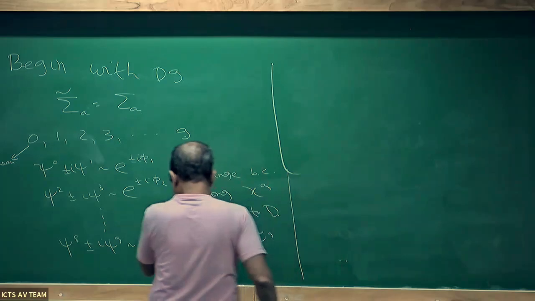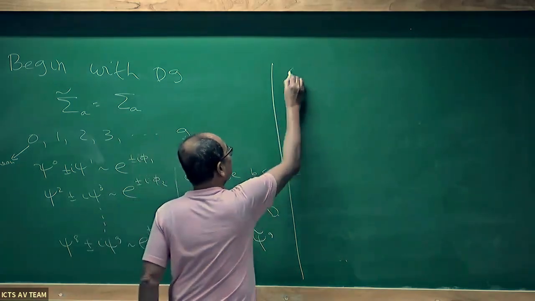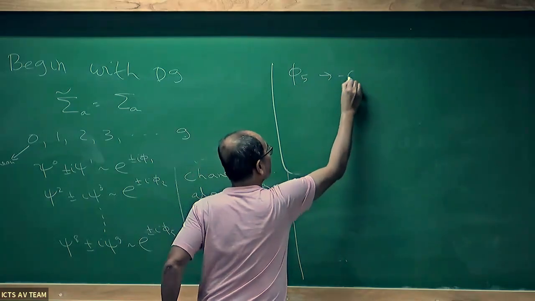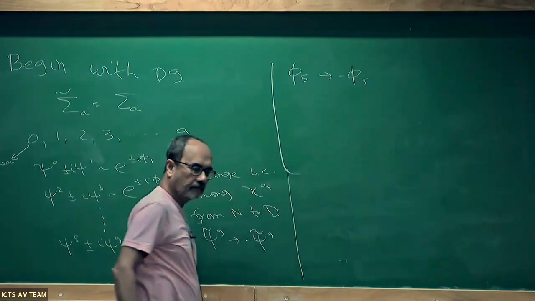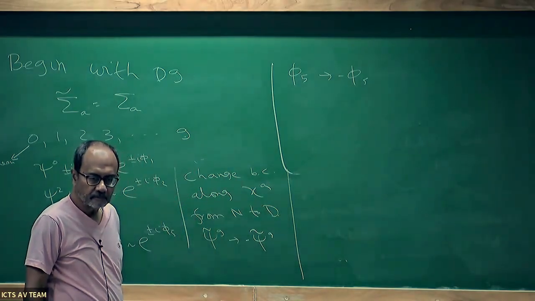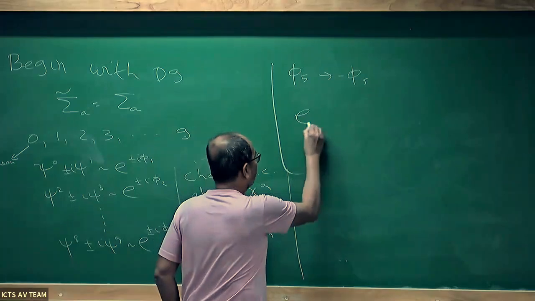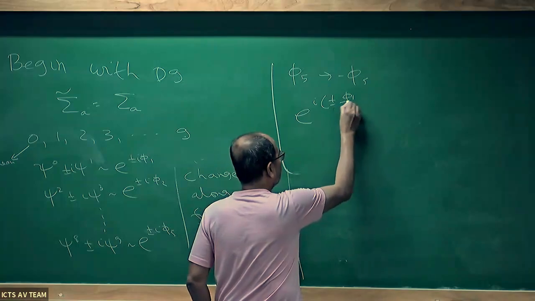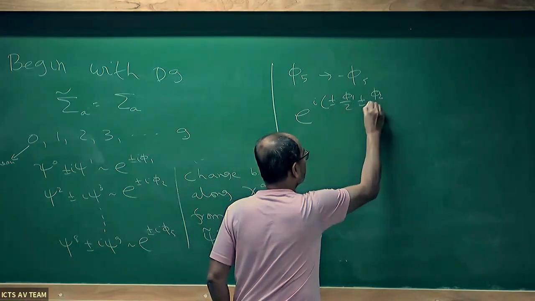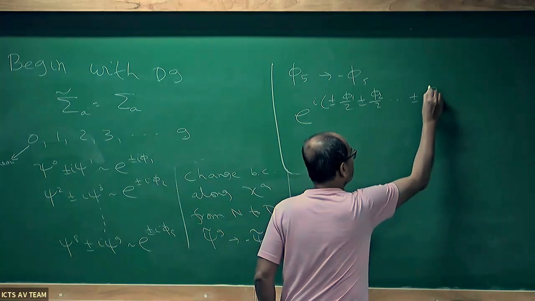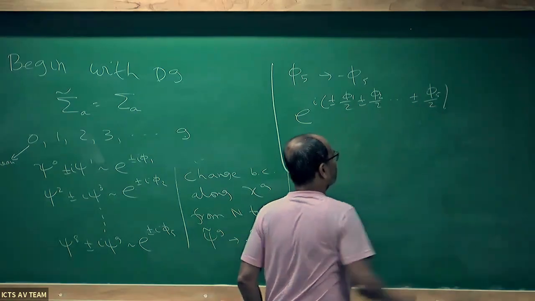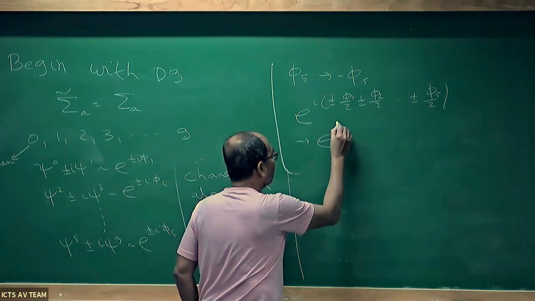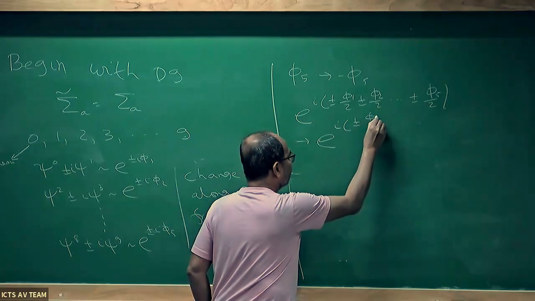So this will have the effect that phi 5 changes sign. So if we started with a particular spinor, e to the I plus minus phi 1 by 2, this will go to e to the power I minus plus phi 1 by 2.